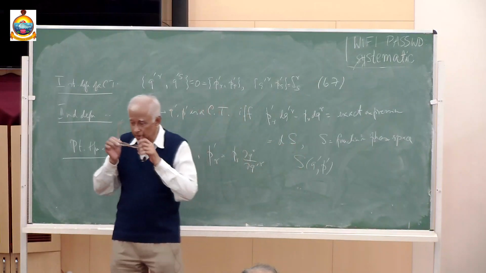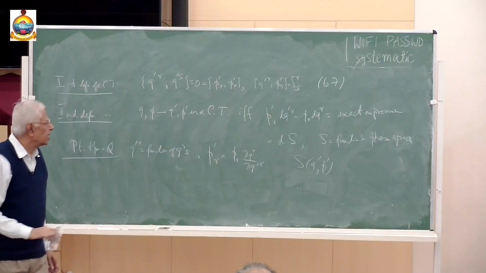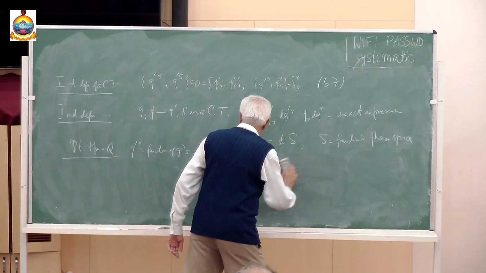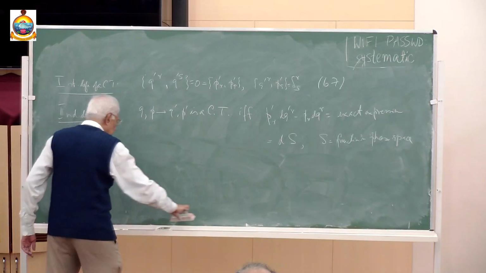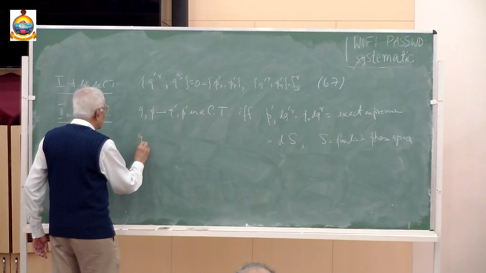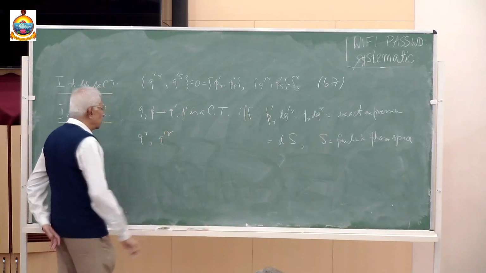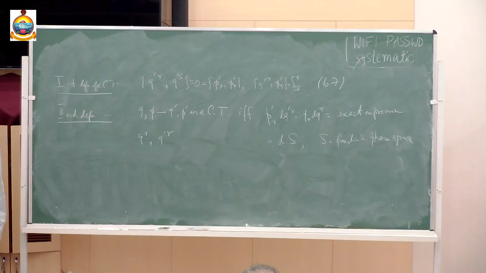Now I come to what you said. Here is an alternative. Suppose in a particular canonical transformation, the set of variables q_r and q prime_r, the old generalized coordinates and the new generalized coordinates, how many variables are there? There are 2n of them. Suppose they are all algebraically independent. It means that any function on phase space could be written as a function of these variables.